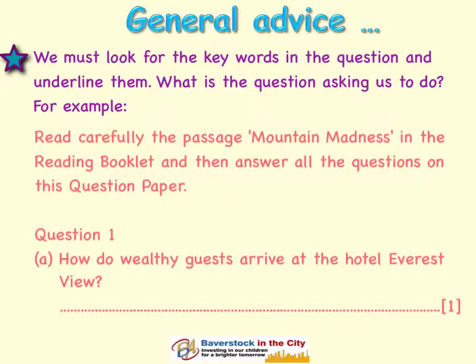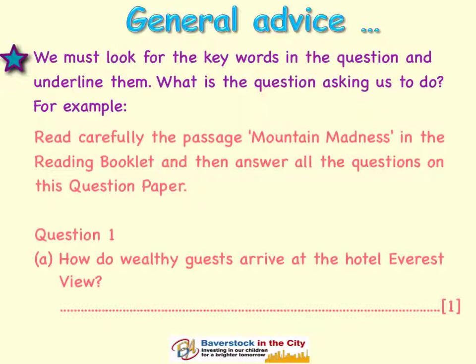We must look for the key words in the question and underline them. What is the question asking us to do? For example, these are the instructions that you might see at the top of your exam paper. Read carefully the passage Mountain Madness in the reading booklet and then answer all the questions on this question paper.